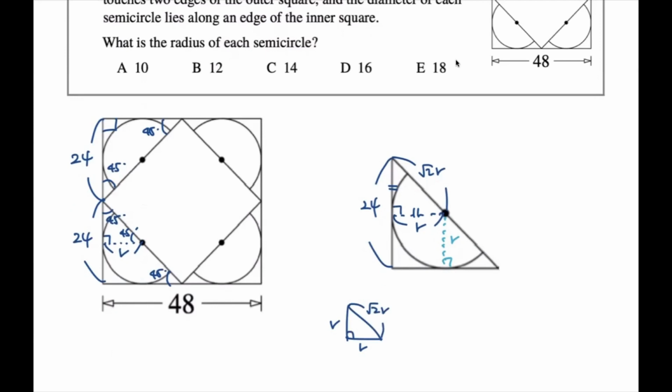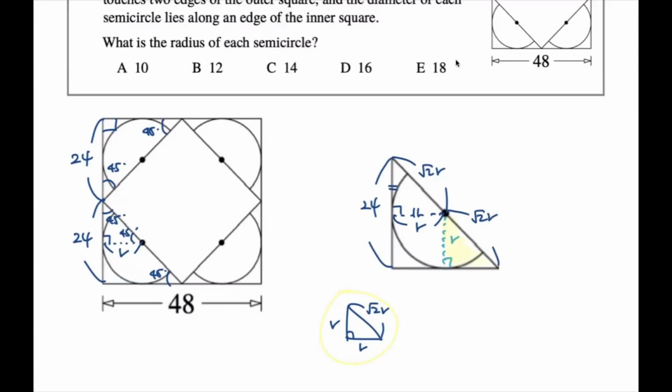And in the same way, for this triangle, let's color it with yellow here, the bottom would also be root 2r once again.